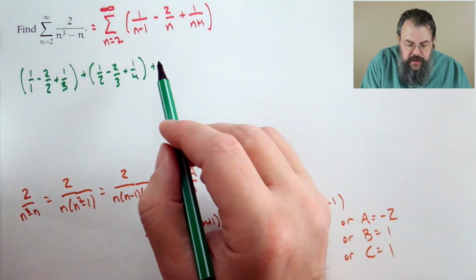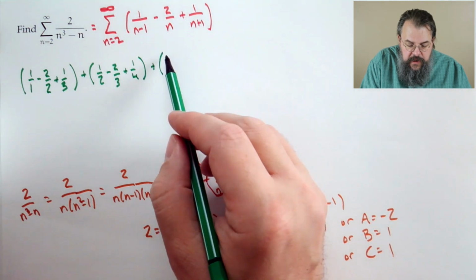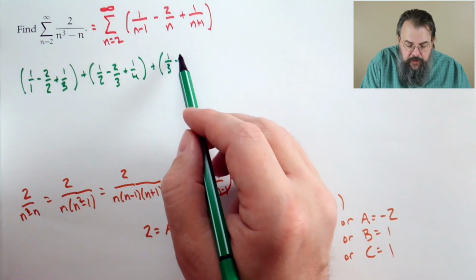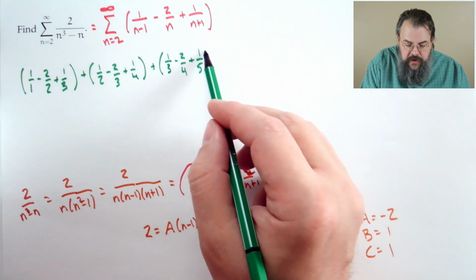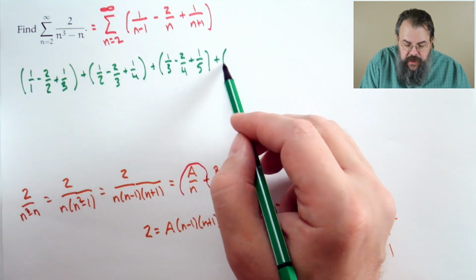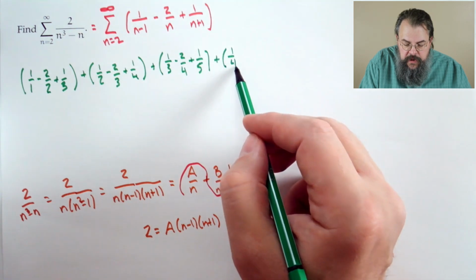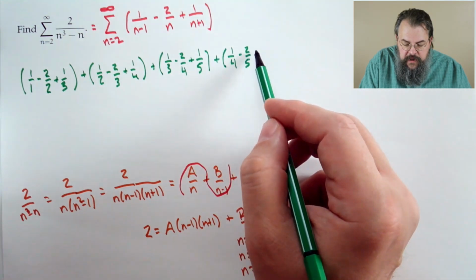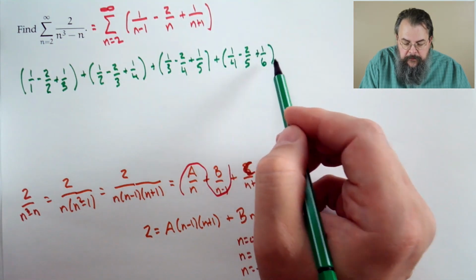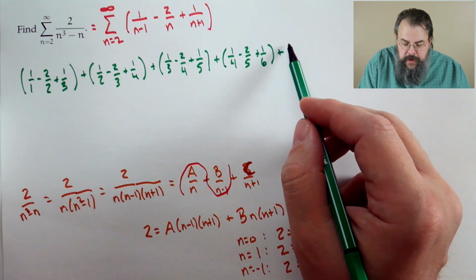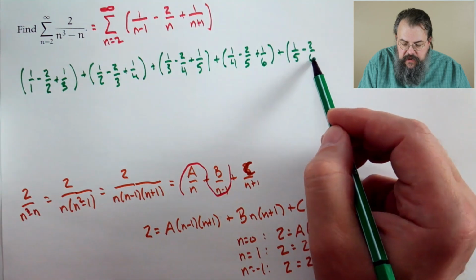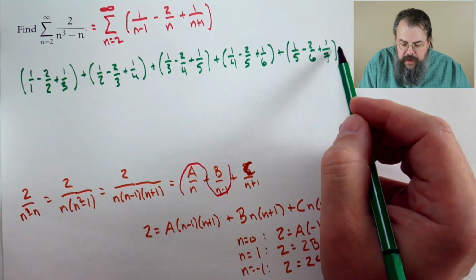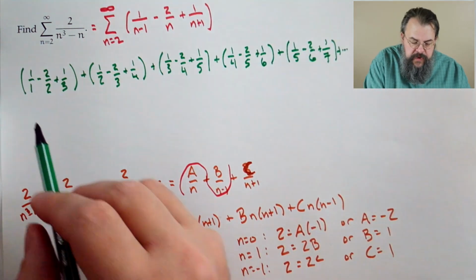All right, plug in n equals 4. And 1 over 3 minus 2 over 4 plus 1 over 5. All right, n equals 5. 1 over 4 minus 2 over 5 plus 1 over 6. All right, maybe one more should be enough for us to hopefully spot what the pattern is. Okay, and so forth.